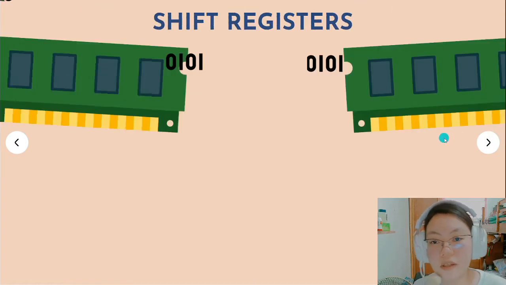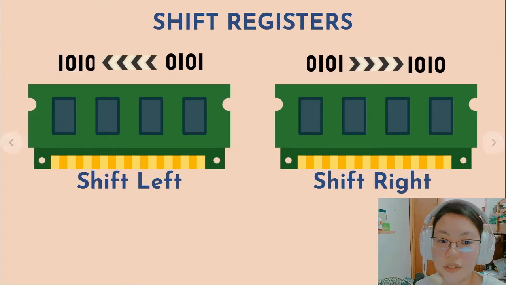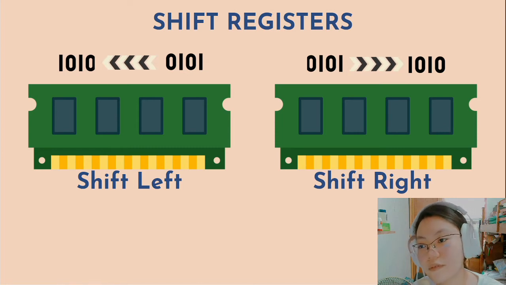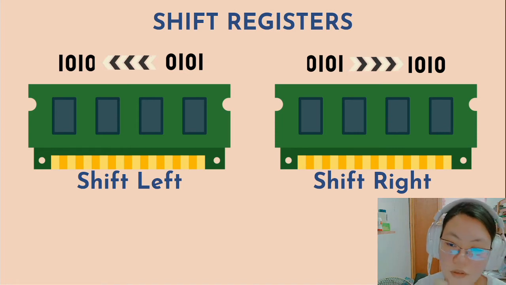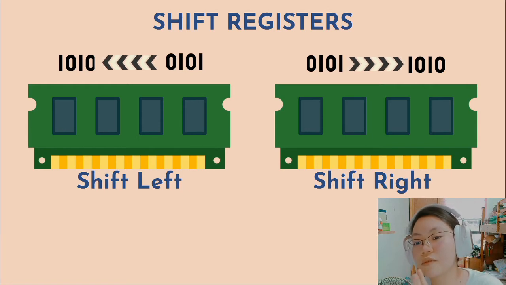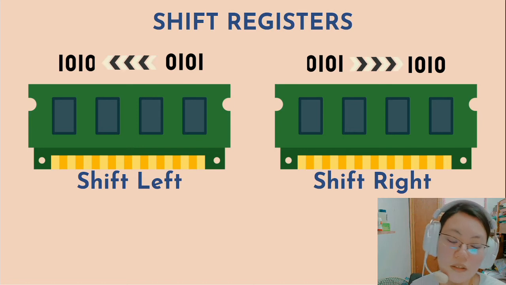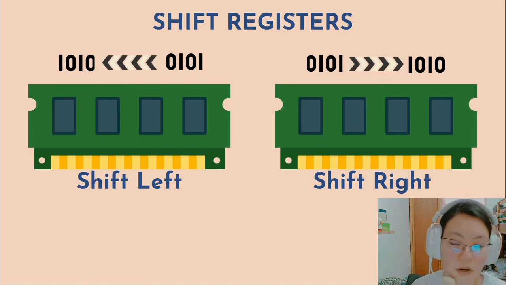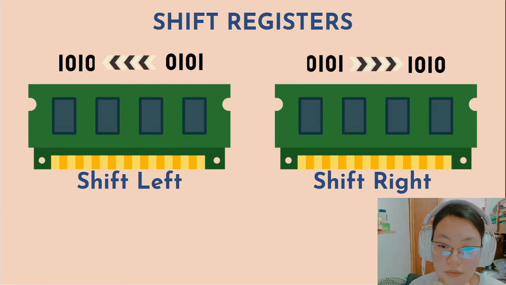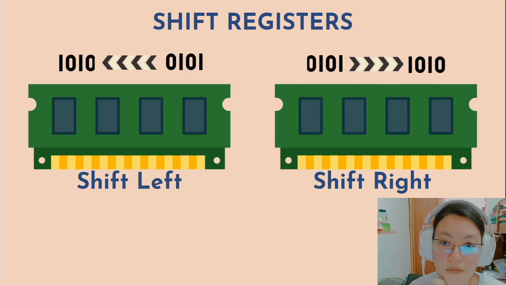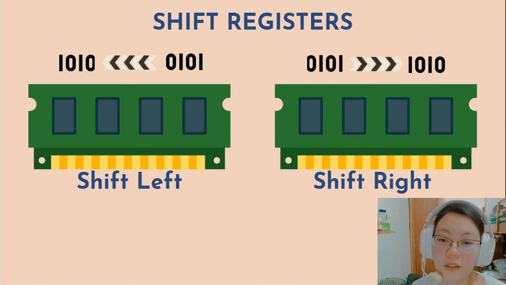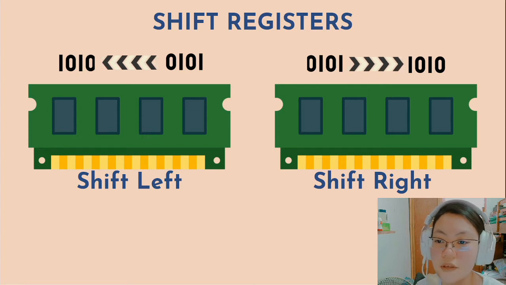Next naman is the shift registers. So, shift registers naman, ano to? May dalawang klase daw. May shift left at saka shift right. Pag shift left kasi, the data shifts to the left or umuusod yung data to the left. Pagka shift right naman, syempre pa right. So, if it's shifting to the left, then it is actually increasing in number or multiplied by 2 kasi nasa yung most significant bit.